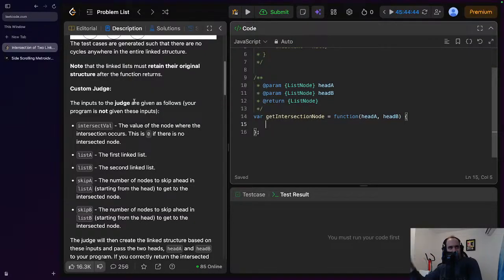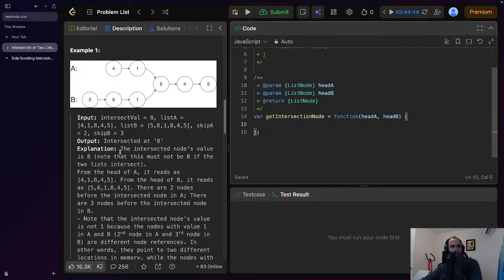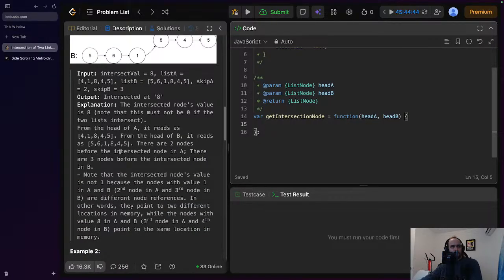Inputs to the judge are given as follows. Your program is not given these inputs. Intersect value: value of the node where the intersection occurs. This is 0 if there's no intersection node. Is that what you want me to return, the value or the node? The value.